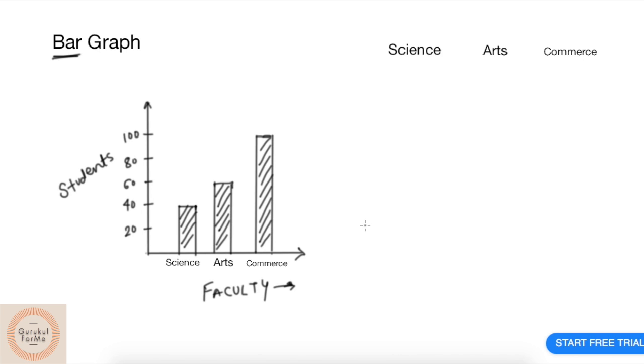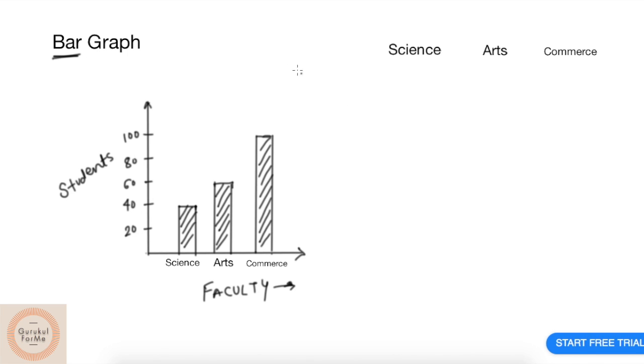A pictorial representation, what we saw couple of minutes back, similarly for a bar graph, visually when you see this without even knowing the context, you know something is growing from science to arts and arts to commerce. That is the interpretation, that is the visualization that you get once you see this picture. And it's rightly said, picture is 1,000 words.